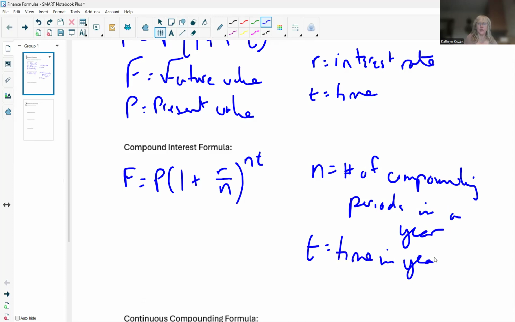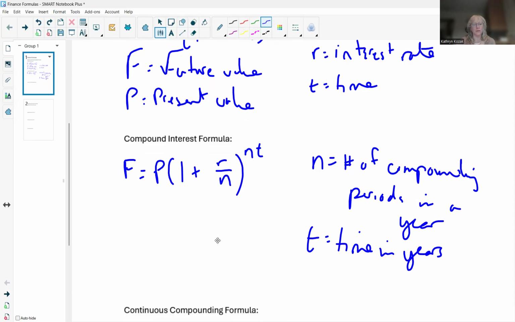And I should have mentioned that T is always in years. If your T is in months, you would have to convert your months into what fraction of a year it is.